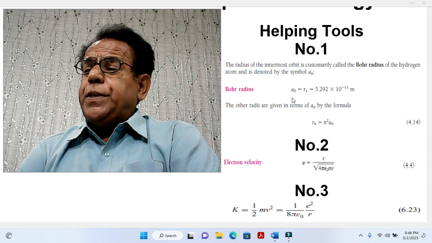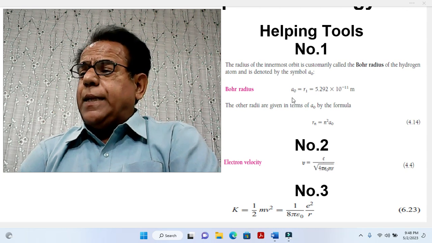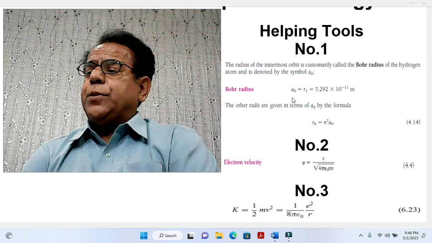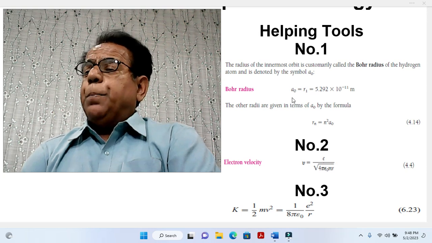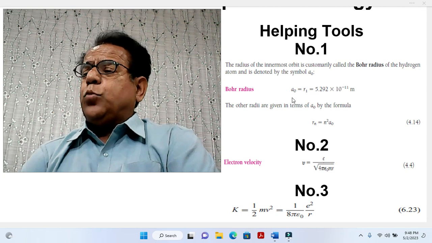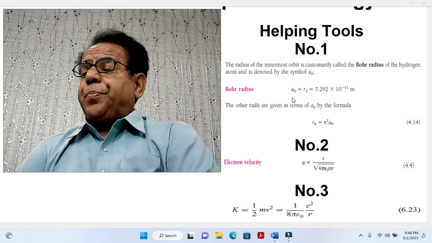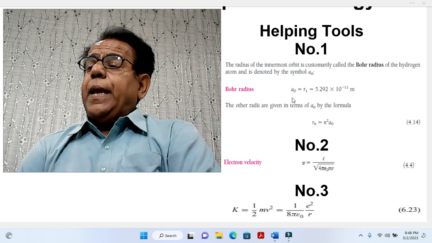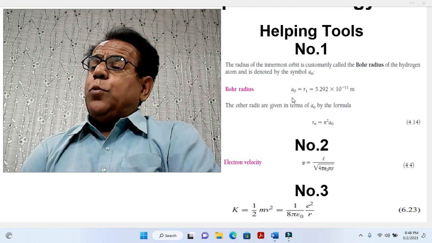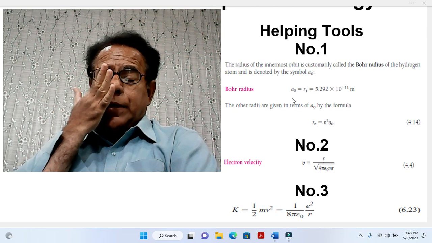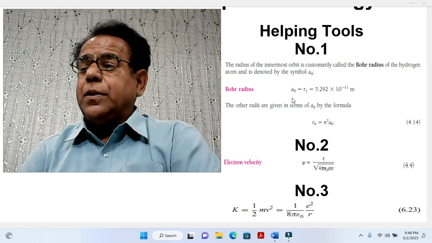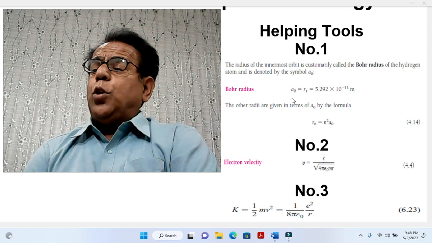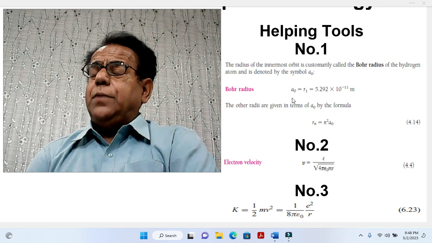The radius of the innermost orbit is customarily called the Bohr radius of the hydrogen atom and is denoted by the symbol A naught. Bohr radius A naught is equal to R1. Here 1 is written as a subscript of R, and 1 is because it is innermost. After 1 definitely 2, 3, 4, 5 will come, but because this is innermost, R1 will be used.